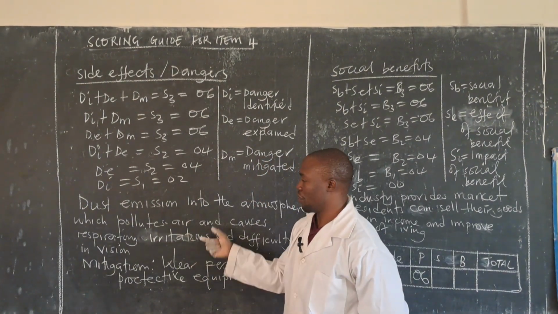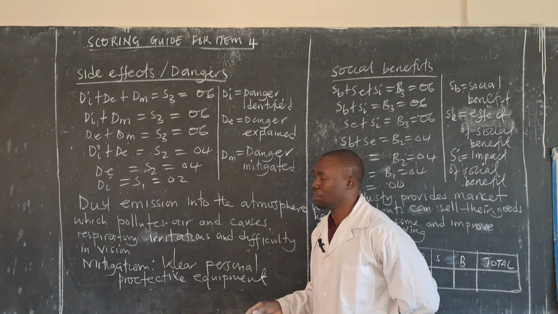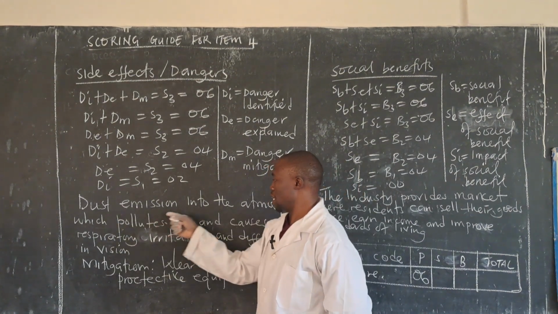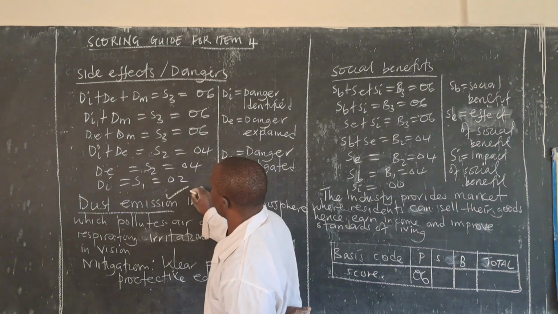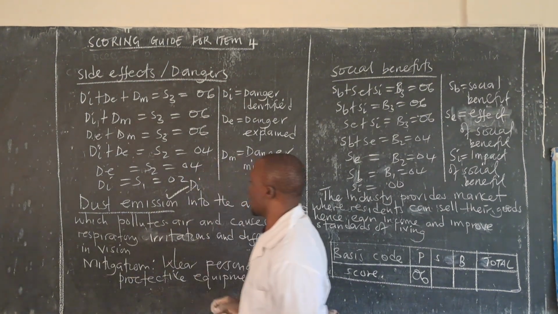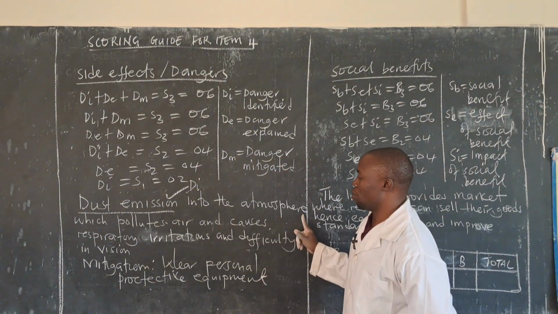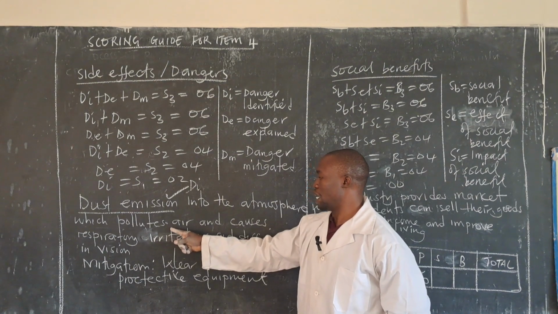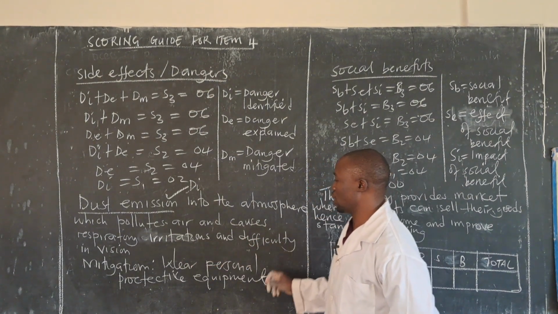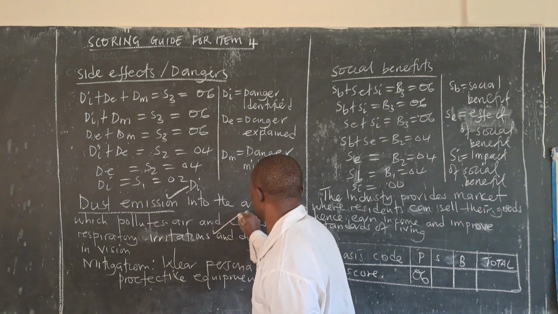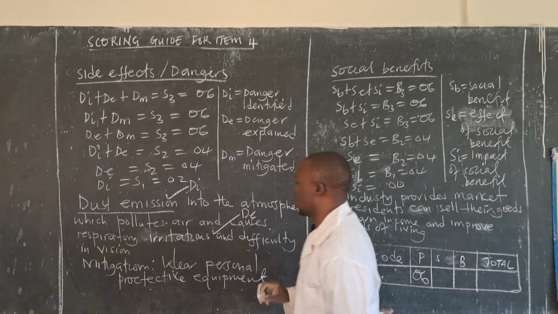So let us score this response for this learner here. Dust emission is a danger identified. Put a tick, put code DI. Into the atmosphere, which pollutes air and causes respiratory irritations. Danger explained, DE.